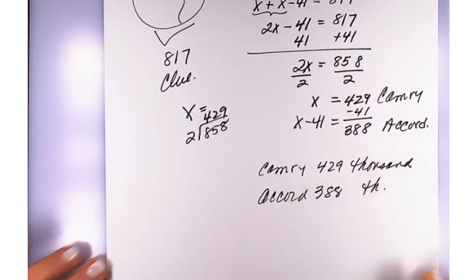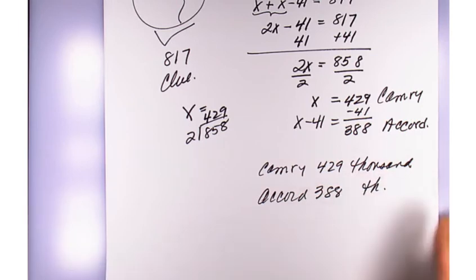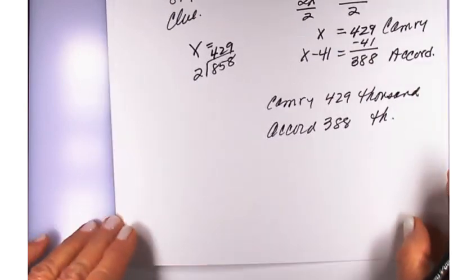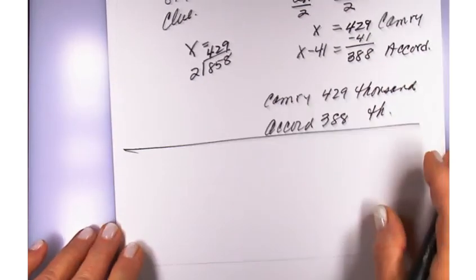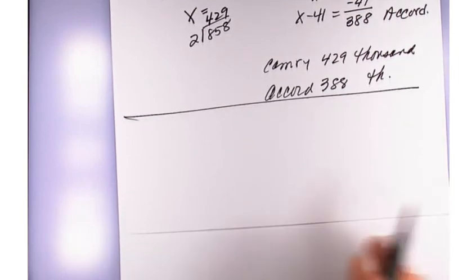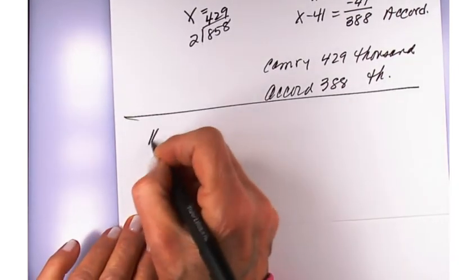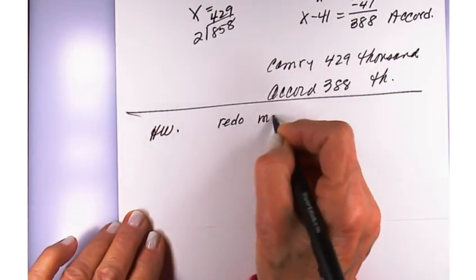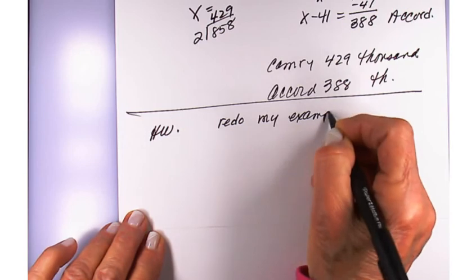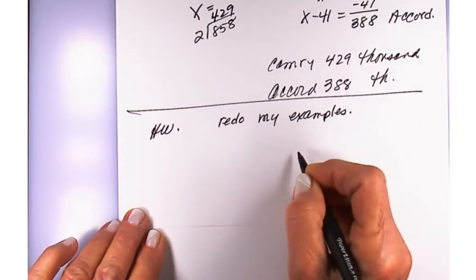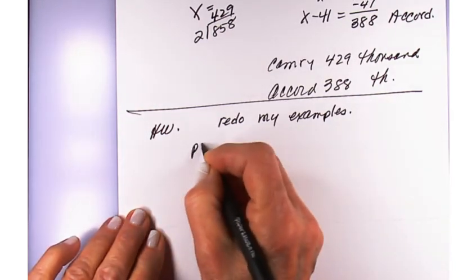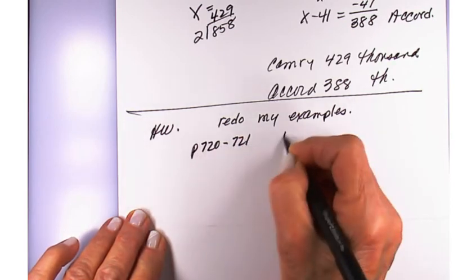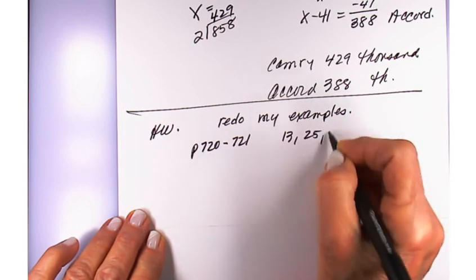Now, the problem set has many hard problems, so I went to the back of the chapter and had to pick up a few as well. Your homework then, step number 1, is to redo my examples so you get to see the pattern. On page 720, 721, do 13, 25, 27.